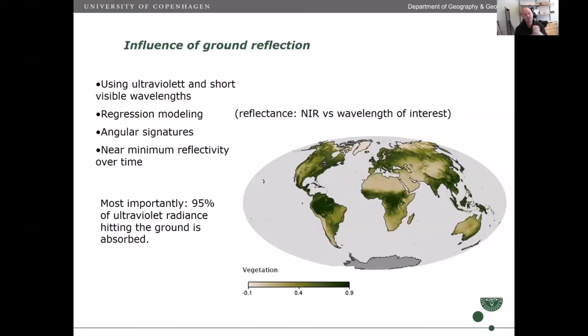And the final method is to use the near minimum over time, which is then assumed to be the one that is most affected by the atmosphere. But most importantly is the first method, to use the short wavelengths, because almost all of it is absorbed by the ground, and thereby we can assume that what we see is coming from the atmosphere.